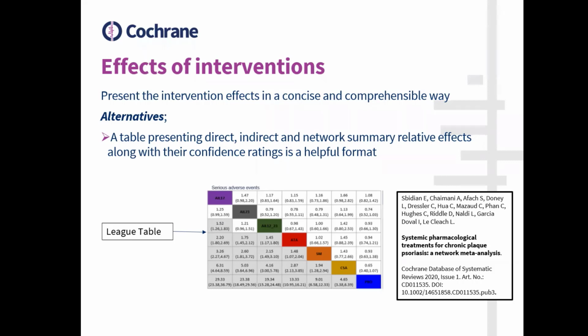Is that a risk ratio, for example? And so these effect estimates in the bottom left-hand corner are the results from the network meta-analysis, so combining the direct and indirect evidence. And these in the top right-hand corner are the direct estimates. So these will be what you would get from the pairwise meta-analysis, for example.